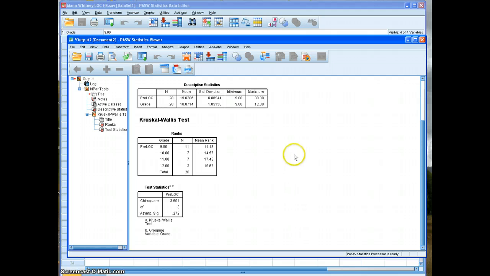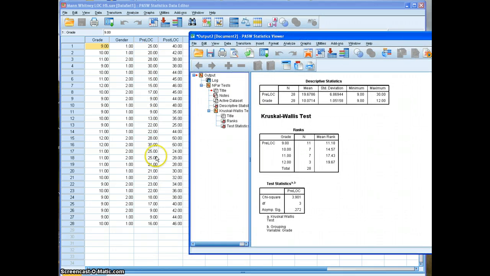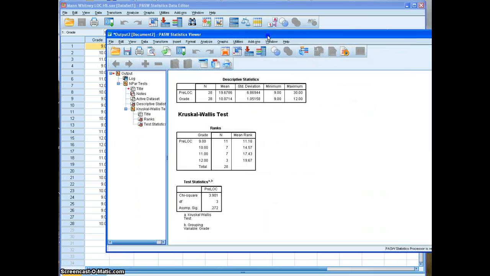And if you remember from the other times that this used mean rank data, what it's doing is taking these scores and putting them in order, and it wants to know if there's a relationship between the order of the scores from lowest to highest and the grades, 9 and 10, all the way to the top. Does this score have something to do with this grade? And it turns out, and we're looking for this asymptotic significance, that it doesn't. The grade level doesn't have anything to do with where these ranks fall out.